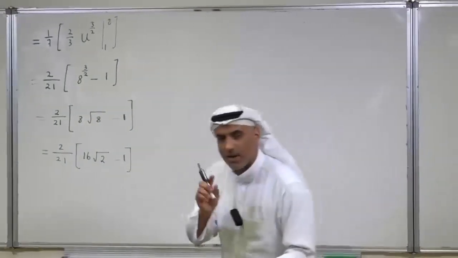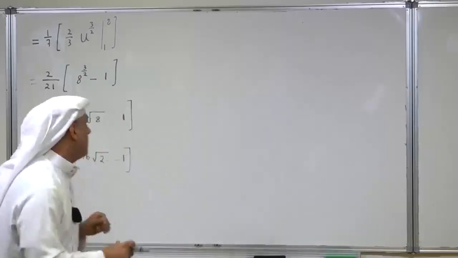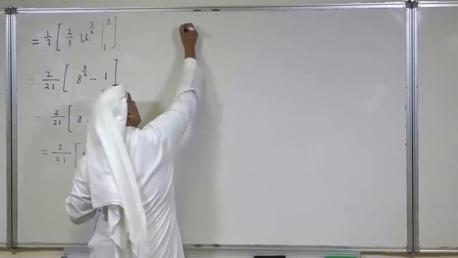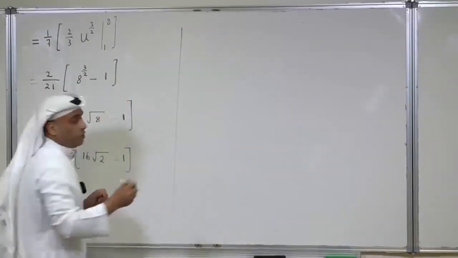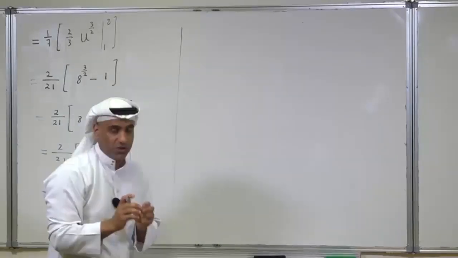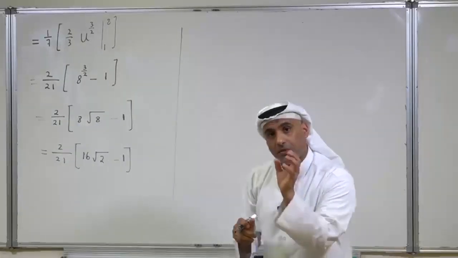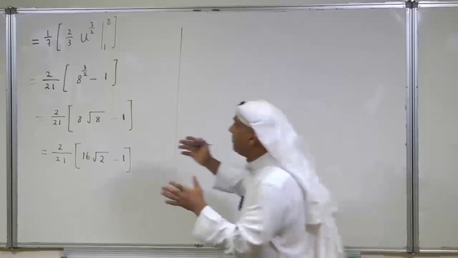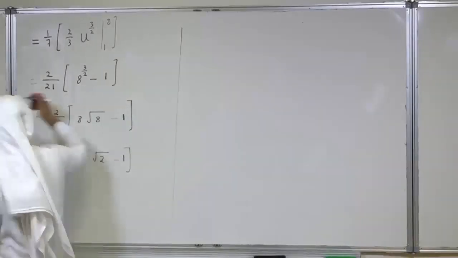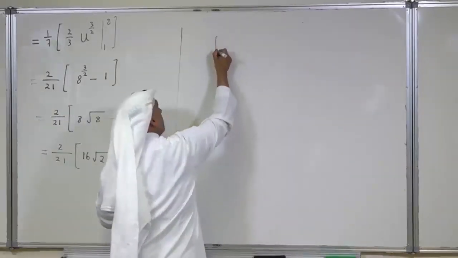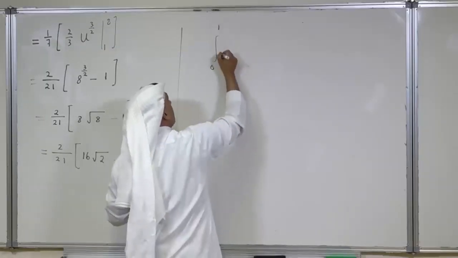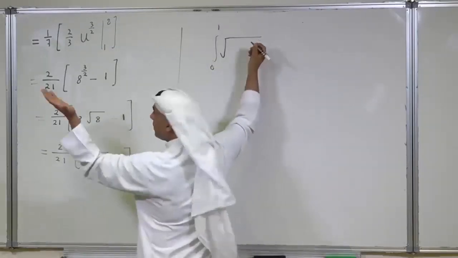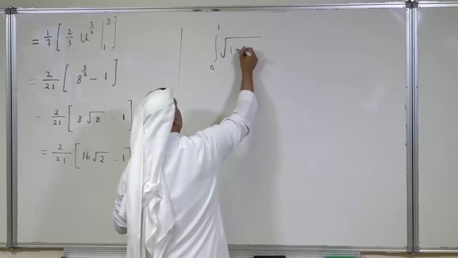Okay, let me just make a comment here. I will write a solution and some notes about the solution. Some students, if you give them a question like this, will say, okay, this is 0 to 1, radical of 1 plus 7x dx.